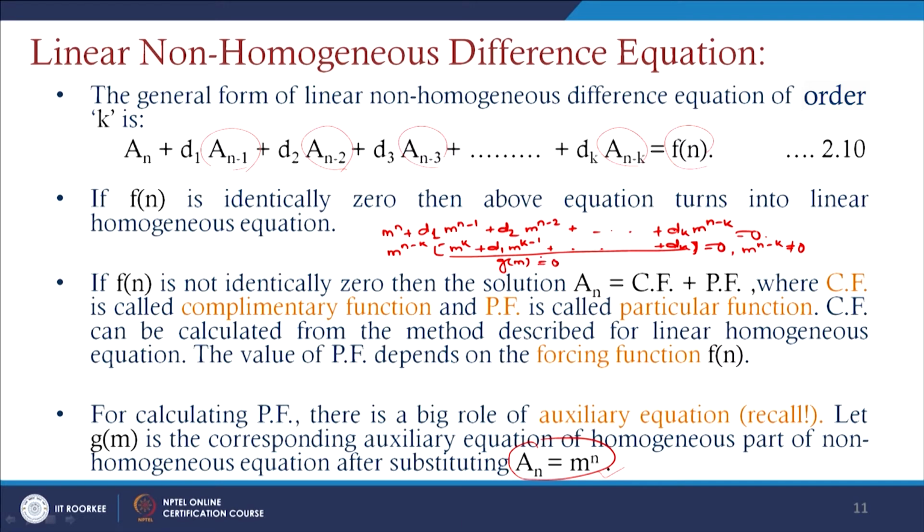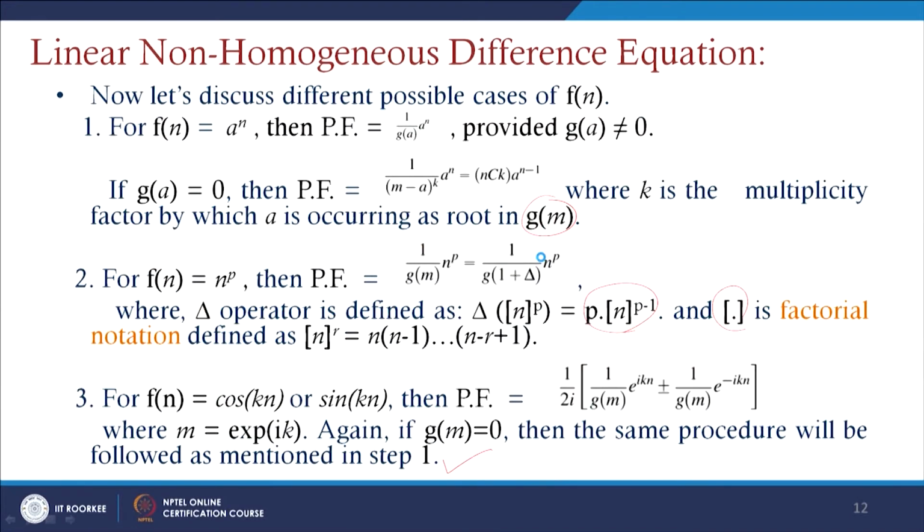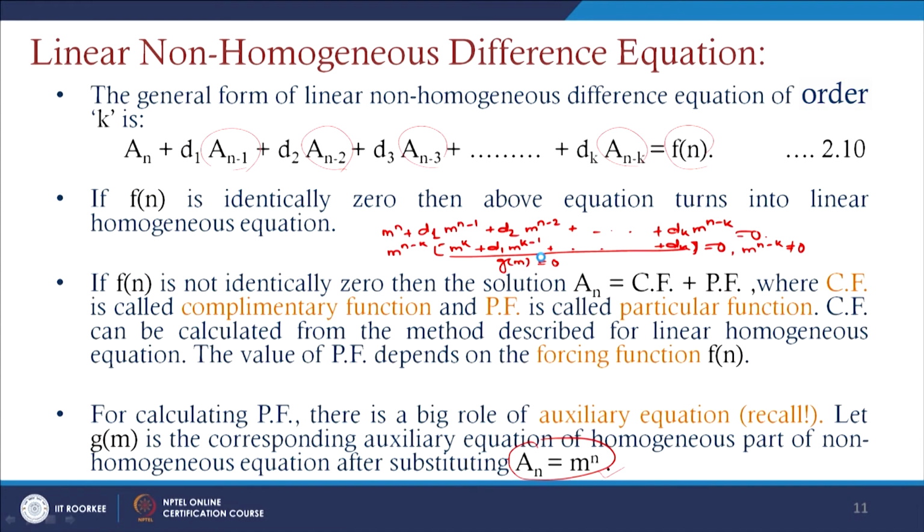If we find the roots of this equation G(m), they provide the characteristic roots of this difference equation. With these characteristic roots, we can write the complementary function, where our solution is in the form a_n equals m to the power n.